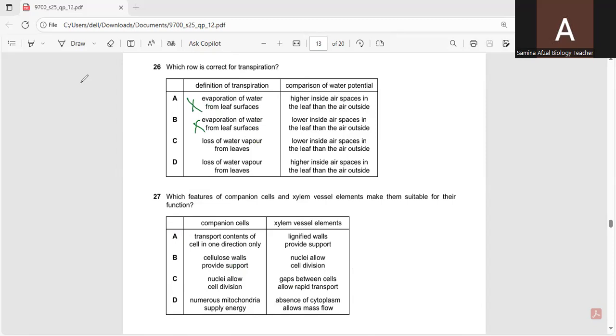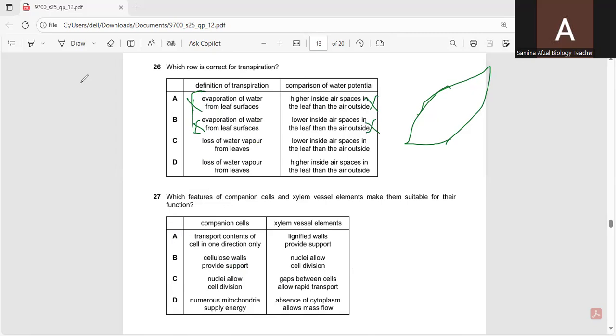So now the second comparison is of water potential. If the water is at a higher potential, it will move from higher water potential towards lower water potential. But we have reached that A and B are not the correct options because of this definition. We will go with C, loss of water vapor from leaves.